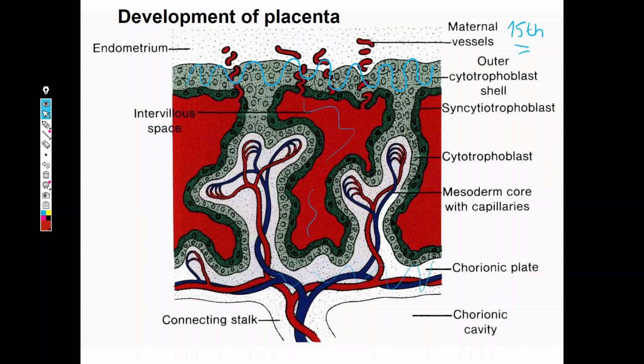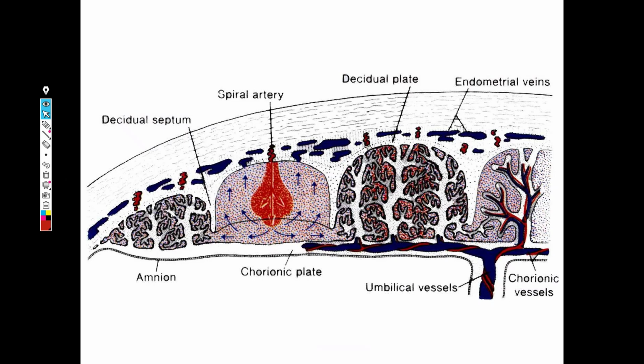There is a connecting stalk over here, the umbilical cord, and here are the umbilical vessels in the chorionic plate also, which are branching, and they create these capillaries in the villi that are here. So these villi contain fetal blood, and maternal blood is here in the intervillous space.